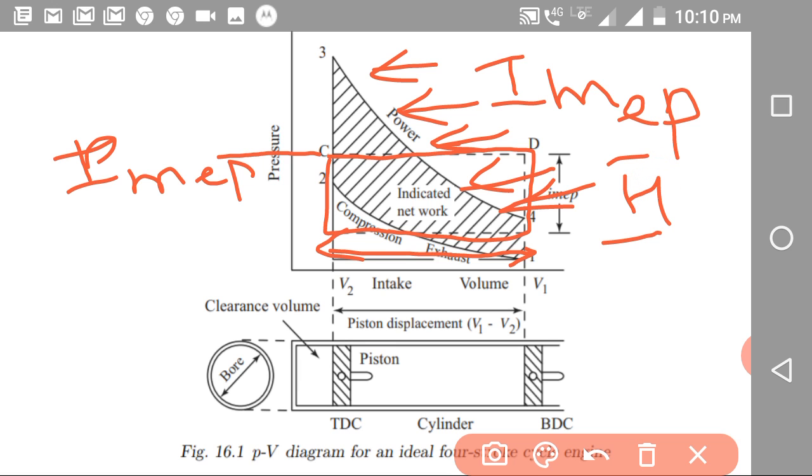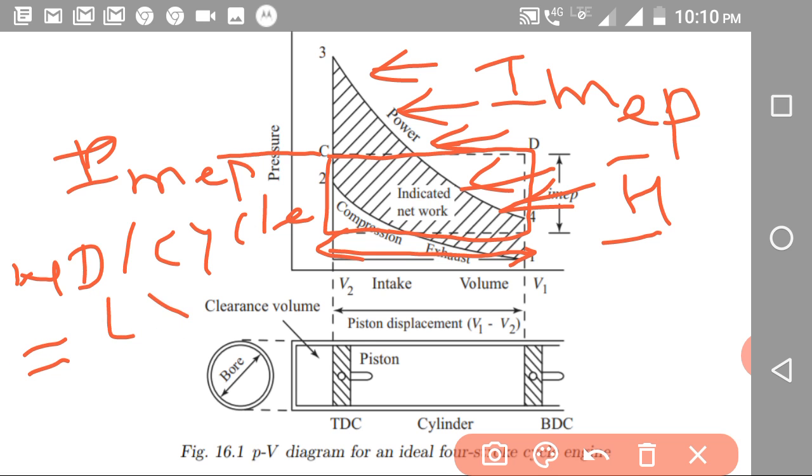So we can say that the work done per cycle is nothing but length into height.